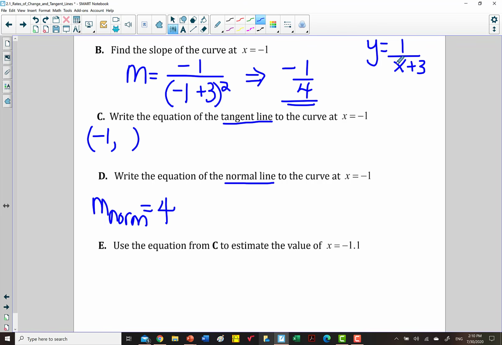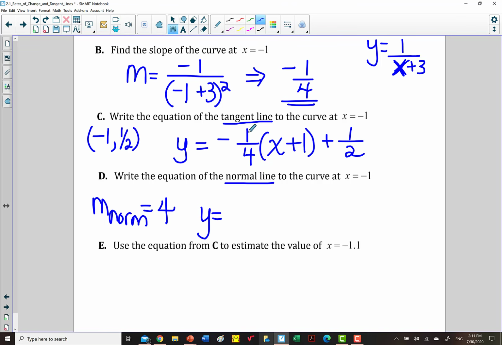So if we substitute negative 1 right here, our y value is 1/2. And using point slope formula, the tangent line is the slope times x minus our x value, negative 1, plus 1/2. And then the equation for the normal line would look exactly like the tangent line, but have a different slope. So 4 times x plus 1 plus 1/2.